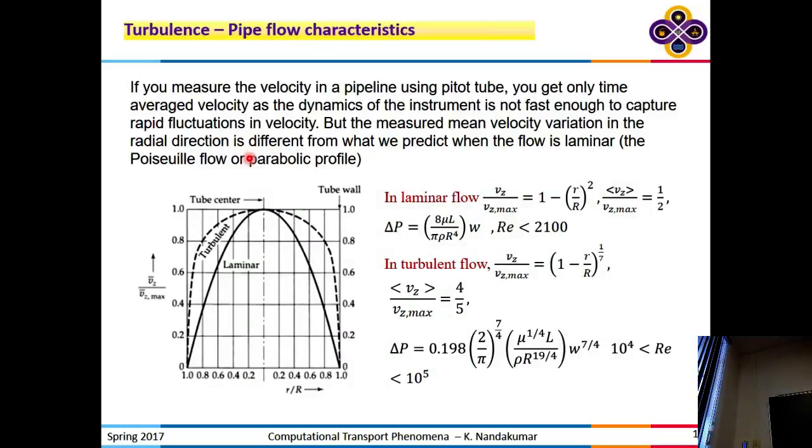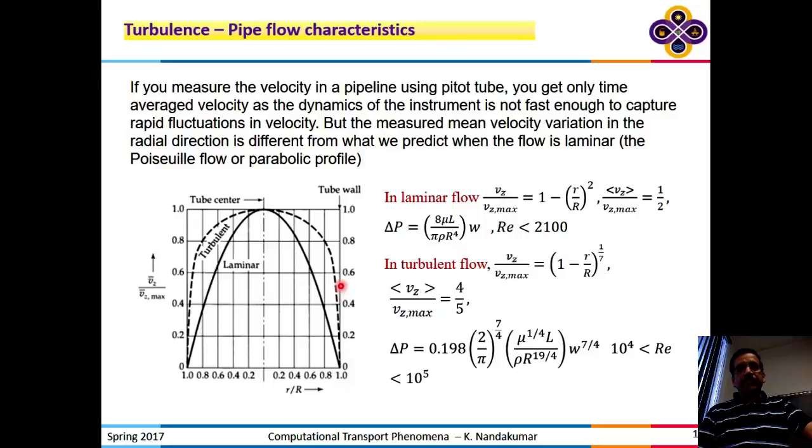So for laminar flow in a pipe, the velocity profile is parabolic. But for turbulent flow, the velocity at every point is going to be time varying. But if I take the average, this time-average velocity, the velocity profile looks like this, the dashed line. It's much flatter in the core and much steeper near the wall.